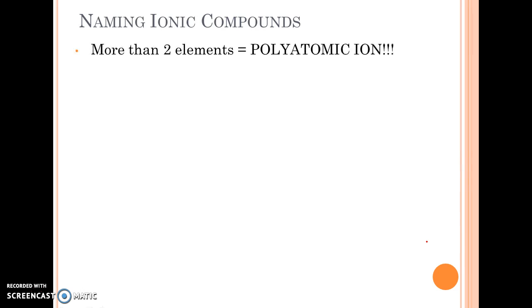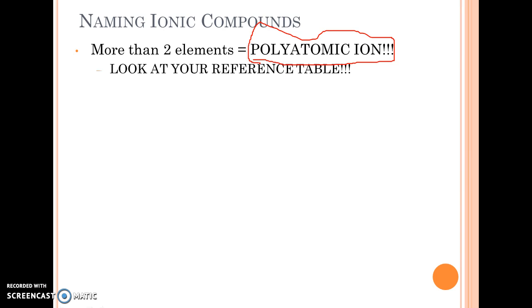Now, if we have more than 2 elements in our chemical formula, that should be a red flag, an indicator that we have a polyatomic ion. With your polyatomic ions, they're even easier than with just regular nonmetals, because all you have to do is look at your reference table on page 7.